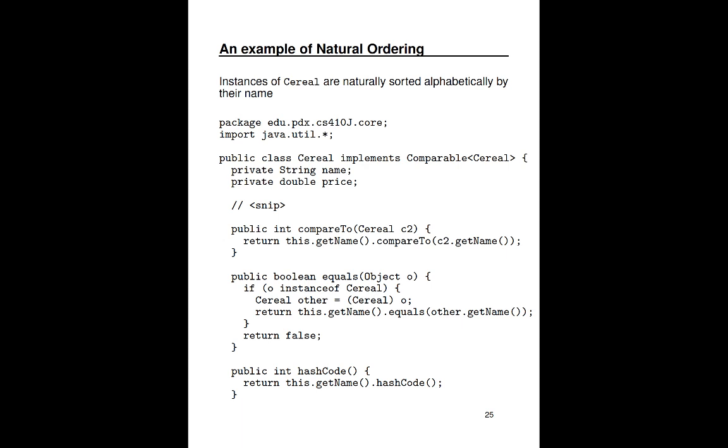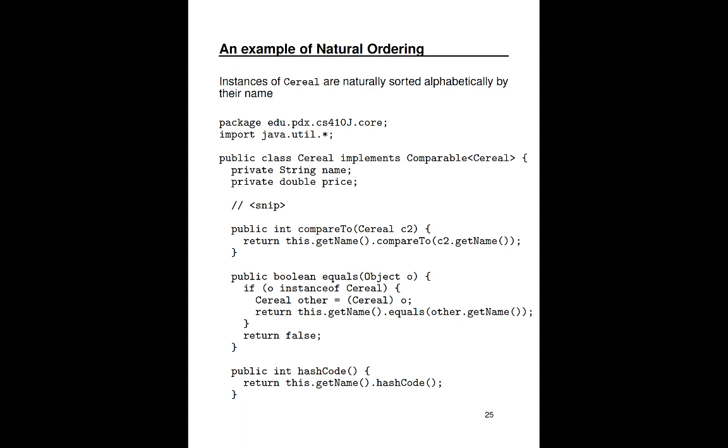So here is an example of using natural ordering, of using that Comparable interface. We're going to see a class that represents a box of cereal, and cereals are naturally sorted alphabetically by their name. We declare our Cereal class, and because it has a natural ordering, it implements the Comparable interface. Every cereal has a name and a price, and it has some constructors that set those fields.